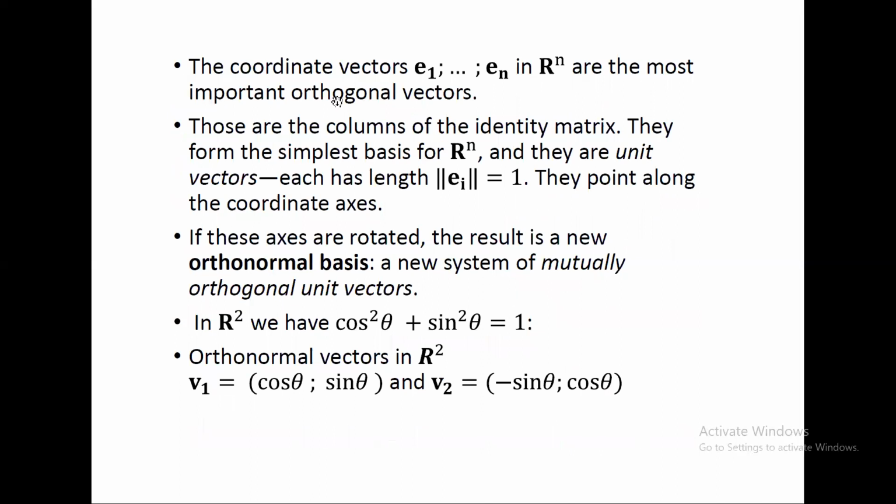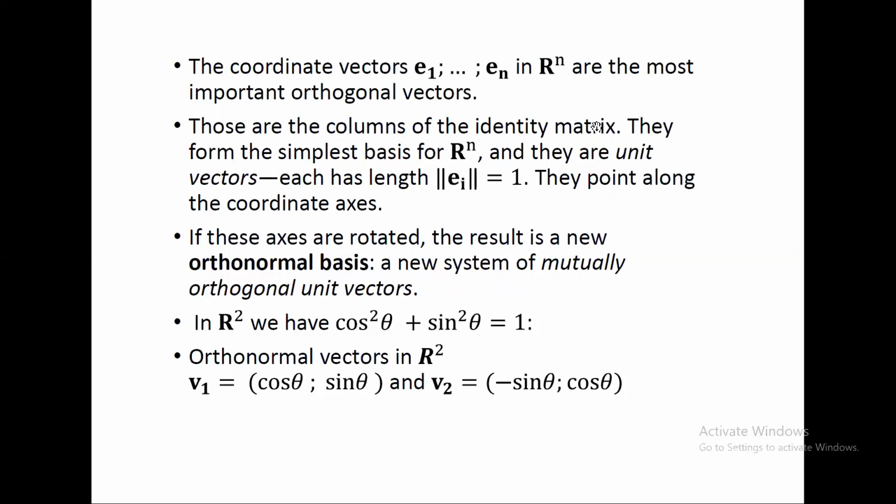In general, the coordinate vectors e1 to en in Rn are the most important orthogonal vectors. e1 has the first element 1 with all the others zeros. e2 has the second element 1 with all the others zeros. Similarly, en has the nth element 1 with all the others zeros.